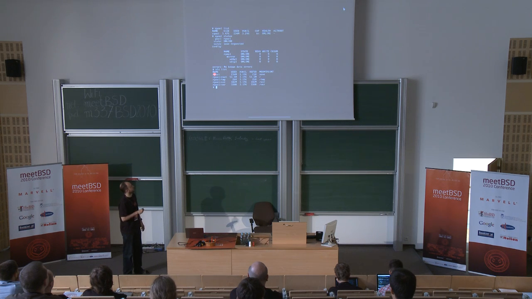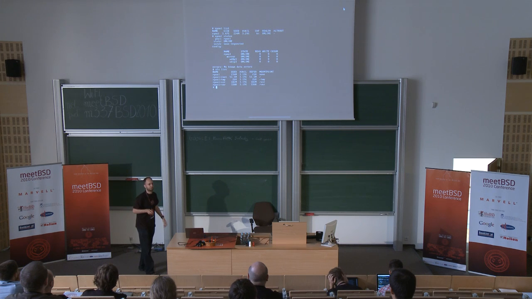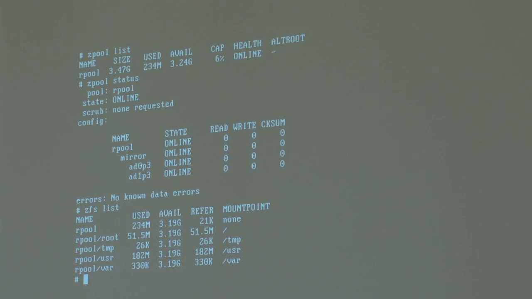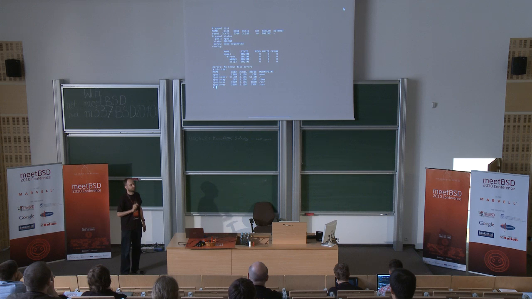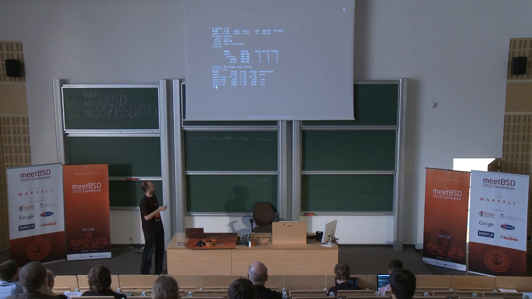Then users can, for example, replace the tmp partition with a memory tmp partition, as many people do with tmpfs. The whole system is installed in the root partition. Of course, all operations can be done on this system. And if somebody wants to change the main system, they can boot again from mfsBSD, import the pool, make any changes they want, then reboot and run again with a different configuration.